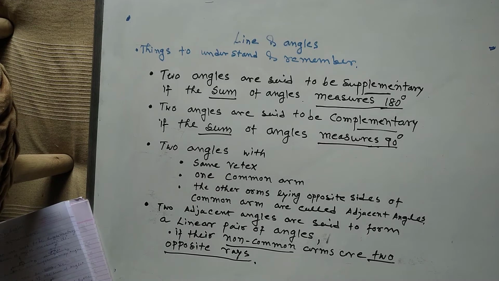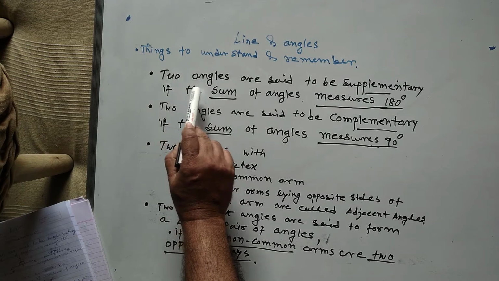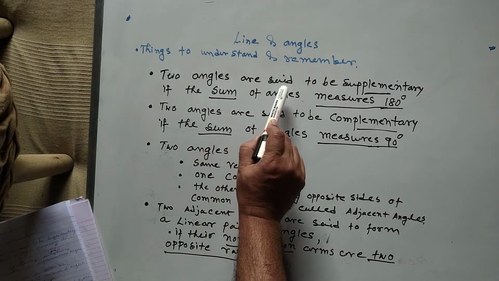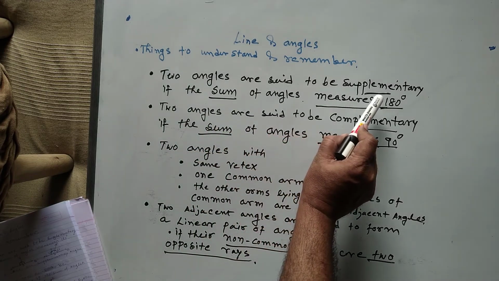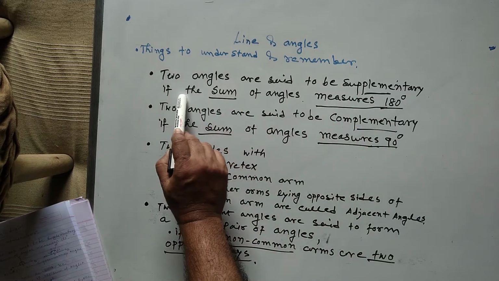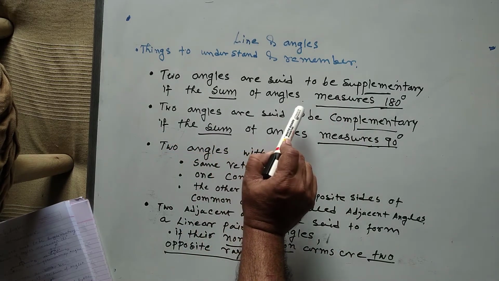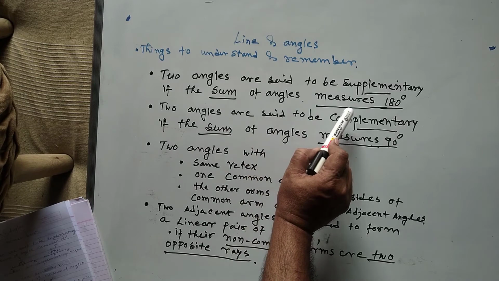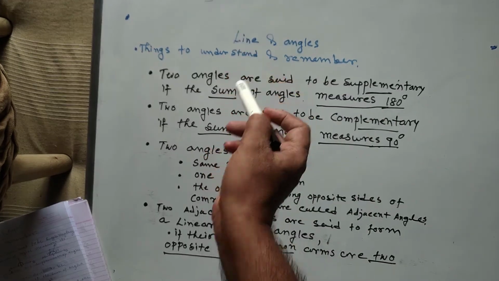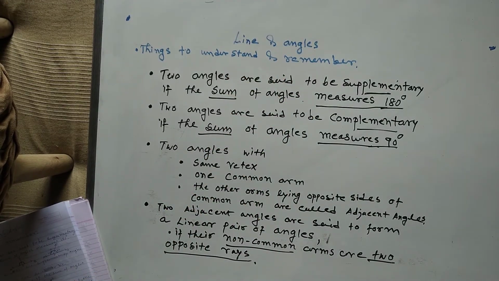Okay, the features are: two angles are said to be supplementary if the sum of the angles measures 180 degrees.